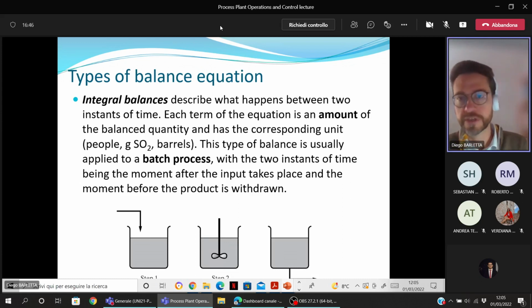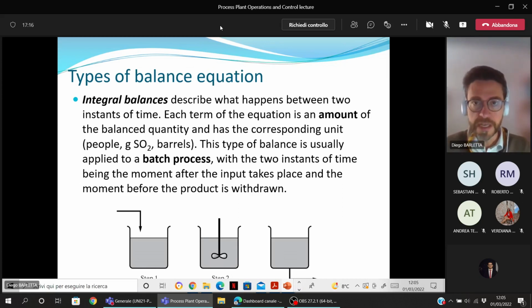In this equation, each term is an amount of the balanced quantity, and the unit is the unit of the balanced quantity itself. So if it is a material balance, this is basically mass, so it's kilograms, for example. Of course, if we are doing a population balance, it will be people, number of persons.